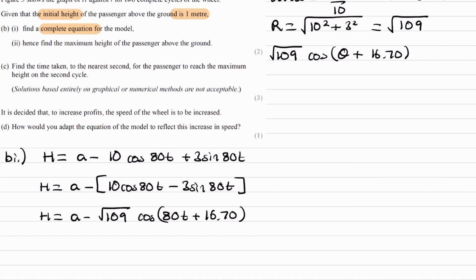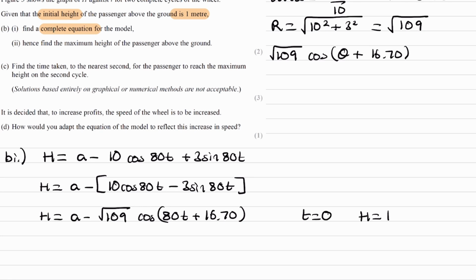Okay, so we want to get a complete equation for the model. We want to therefore work out what a is. We know the initial height of the passenger above the ground is 1 meter. So in other words, when t is equal to 0, the starting height, the height is 1. So we have a choice here. We can put this into the equation that we have here, or the equation that we have here.